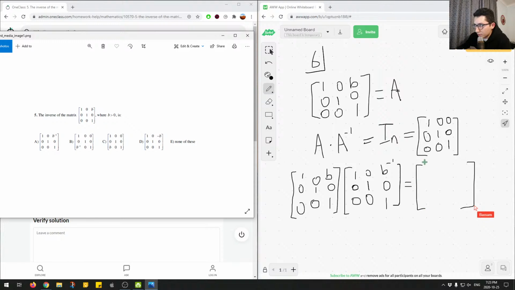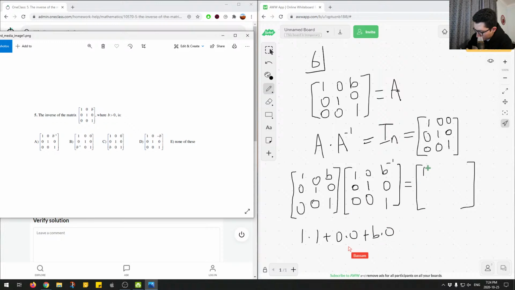To find the first component, we always do the row times the column, and so on for each component. So row 1 times 1 is just 1, plus 0 times 0 is 0, plus b times 0, which is 0. So the first term is just 1.